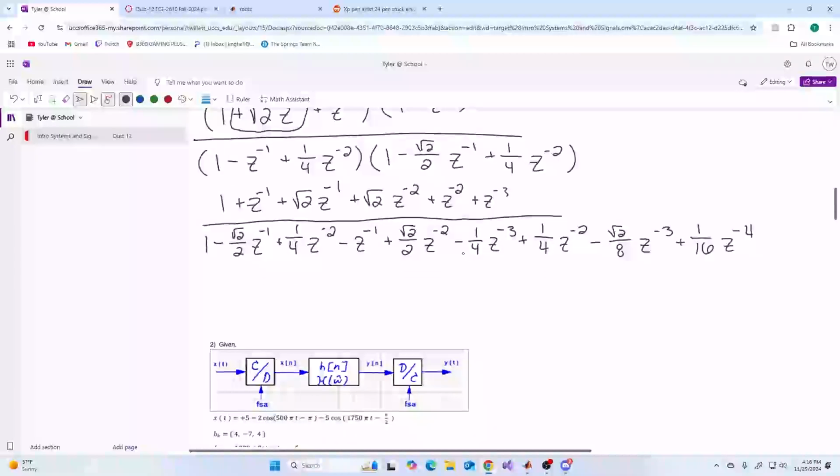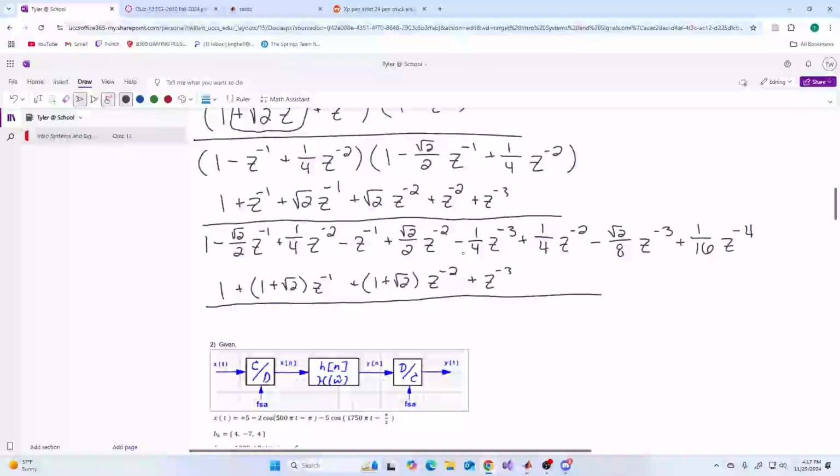Okay, now I do need to combine my like terms. So I'm going to start at the top. So I have 1 plus root 2 z to the negative 1 plus 1 plus root 2 z to the negative 2 plus z to the negative 3, all divided by, and then combine my like terms again.